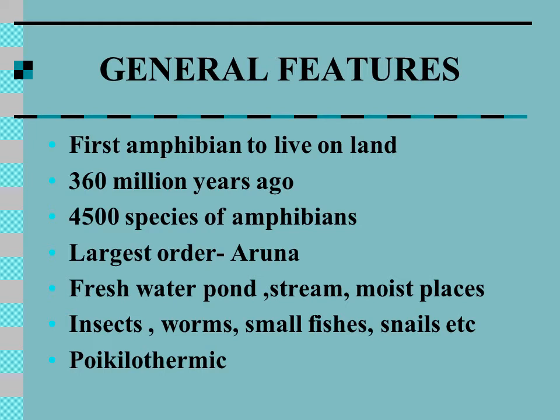Regarding its food habits, it eats insects, worms, small fishes, and snails, etc. Since it lives inside fresh water, it feeds on organisms available in the fresh water. Then it is a poikilothermic animal. What do you mean by poikilothermic animal?